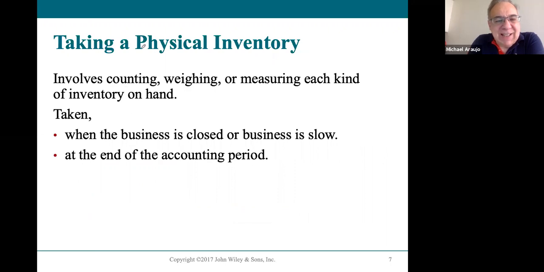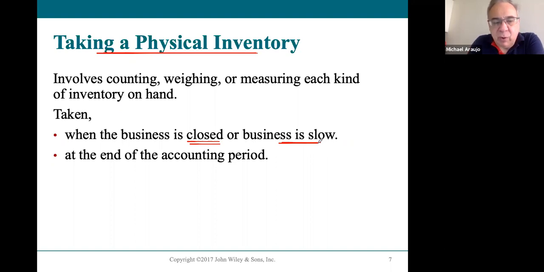When is the physical inventory done, the literal counting? Well, obviously when the business is closed, so you don't have to deal with customers, and your staff can be busy physically counting the inventory. Or when business is so slow that they can do both.